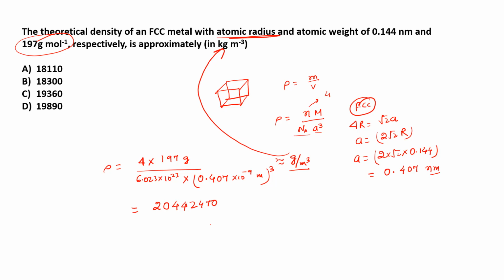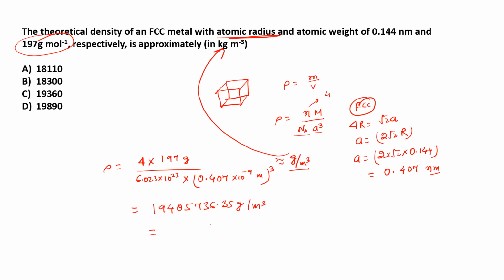Let me check the calculation. Sorry, there is some correction. It is basically 194,05736.35 gram per meter cube.